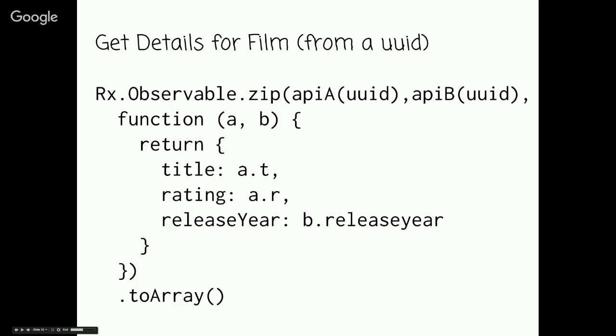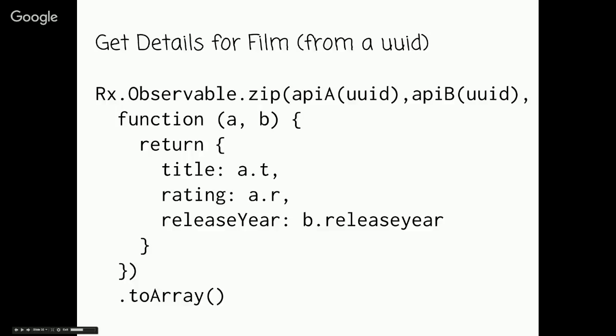Okay, I'll move on to the next example. So basically, this is the code that lives inside the get details for film function, which takes a UUID and expands it out into an actual object. It is simplified a bit because I haven't shown all the fields, but here I'm using a utility function called zip, and what that does is it takes two asynchronous streams and a function, and it decides how to merge those together into a single stream.